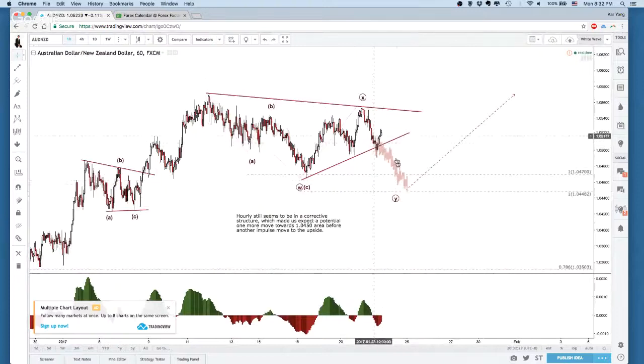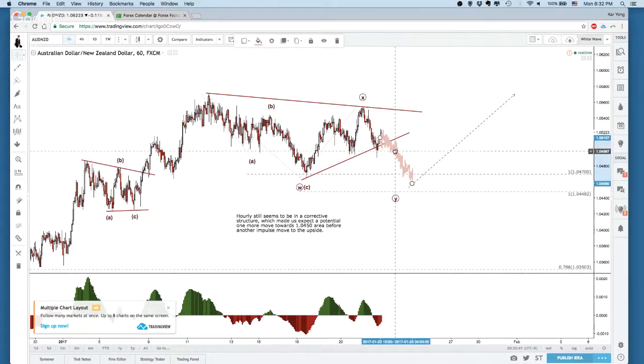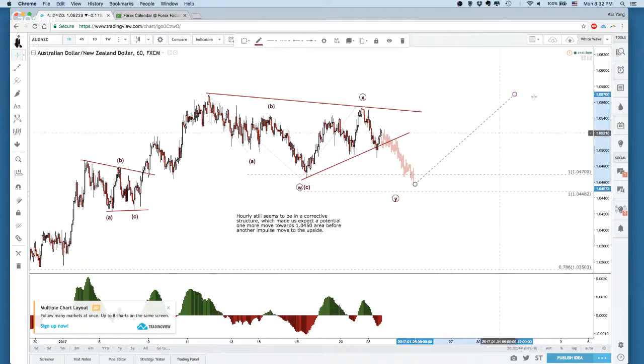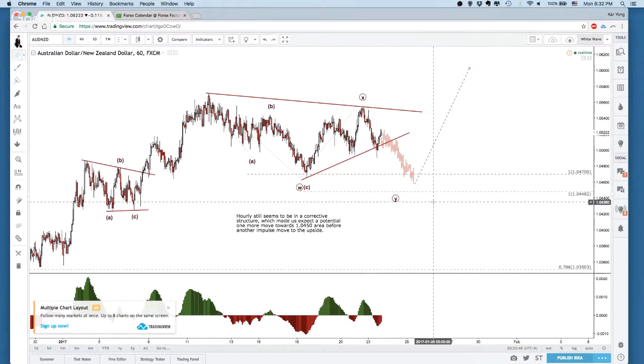So we are going to hold our two positions, because until price shows us that the upward trend is done, we are going to be bullish on Aussie Kiwi for the year of 2017. If price decides to come back down as forecasted like this, it's going to be another opportunity for you guys to also look for a long setup around 1.0450 to 1.0470.